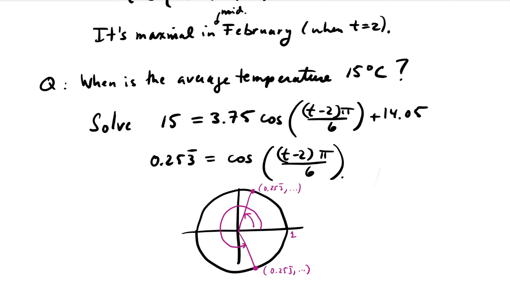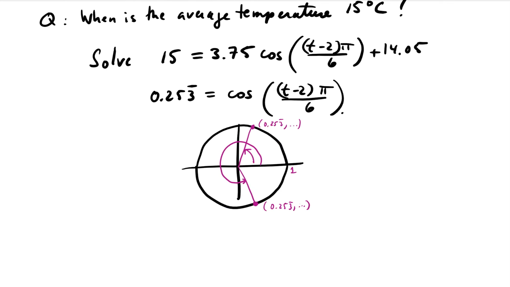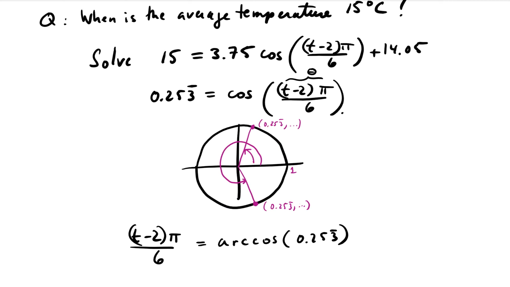So if I take the arc cosine, t minus 2 times pi over 6, that's like my angle, theta. So theta could be the arc cosine, but that's going to give me an angle between 0 and pi.